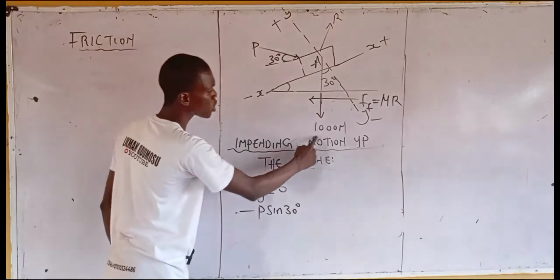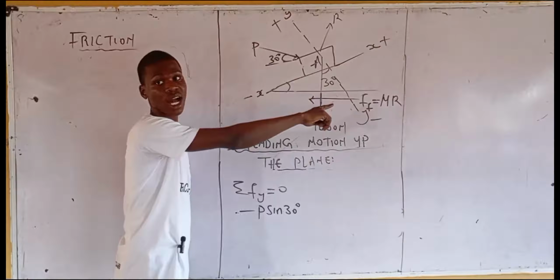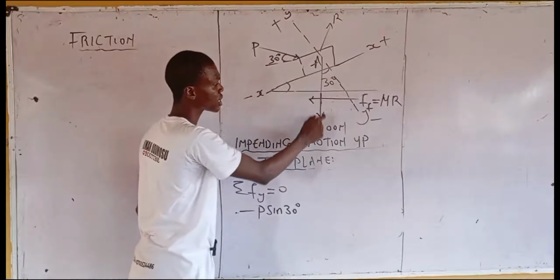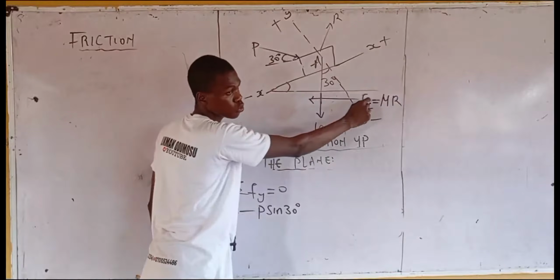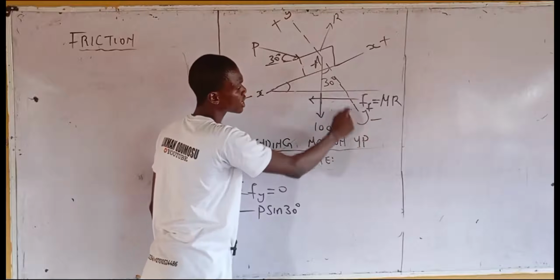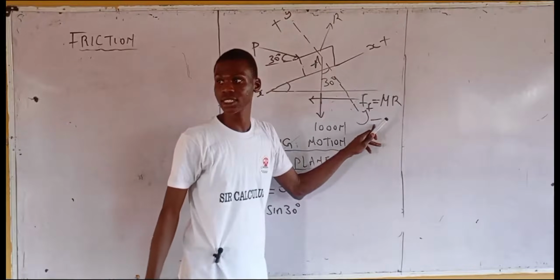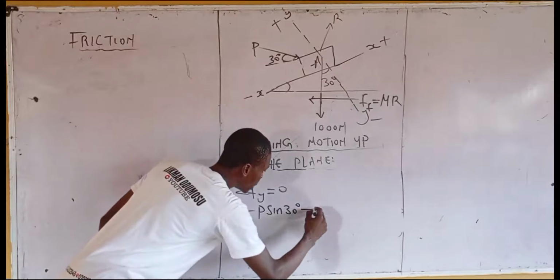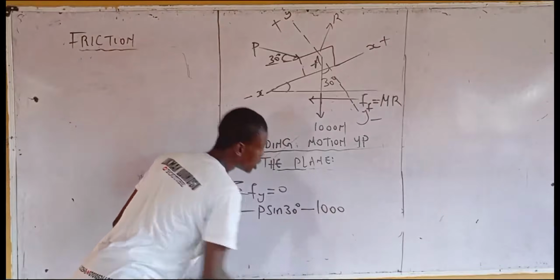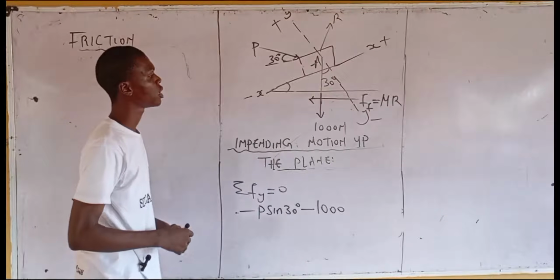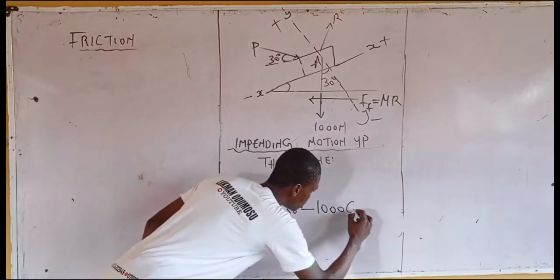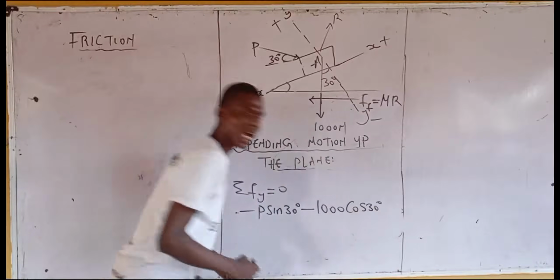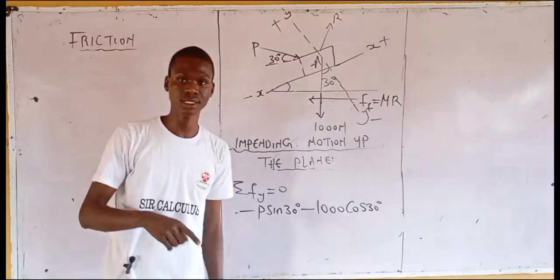Now, solving this 1000 Newton to the vertical axis, meaning you are taking this force, you are tipping it to the y-axis. On getting there, the sign is what? Negative. So you have negative 1000, then 1000 what? Cos 30 degree. Now the question is, why is it cos 30 degree and not sin 30 degree?